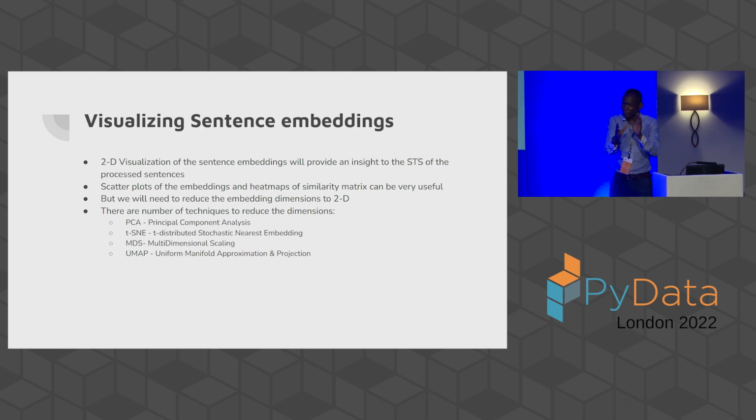Averaging gives you a slightly better result, and there are variants, such as a weighted average. One of those is SIF, the smooth inverse frequency, which gives you a much better solution than just averaging. But if you compare word embeddings to transformers, transformers definitely outperform them in general.